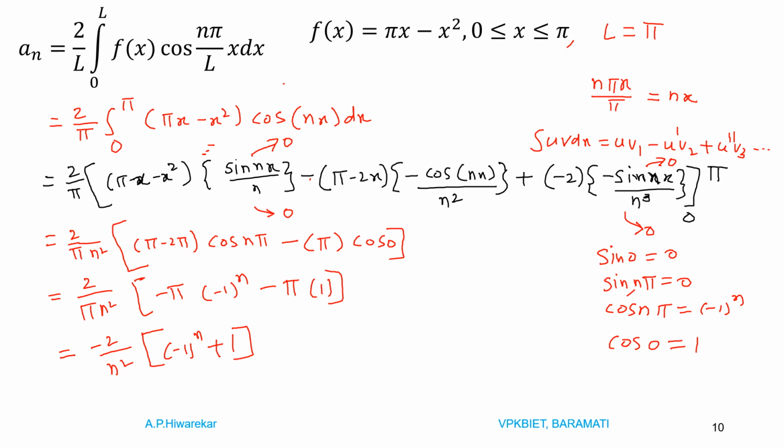With this, now we find the value of f(x) by substituting the values of a0 as well as an. So f(x) is a0 by 2 plus sigma an cos of n pi x by l, where n is from 1 to infinity.